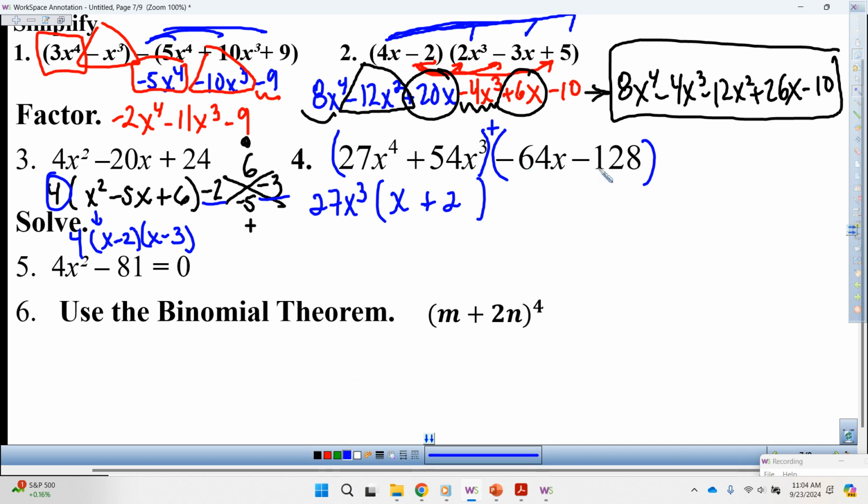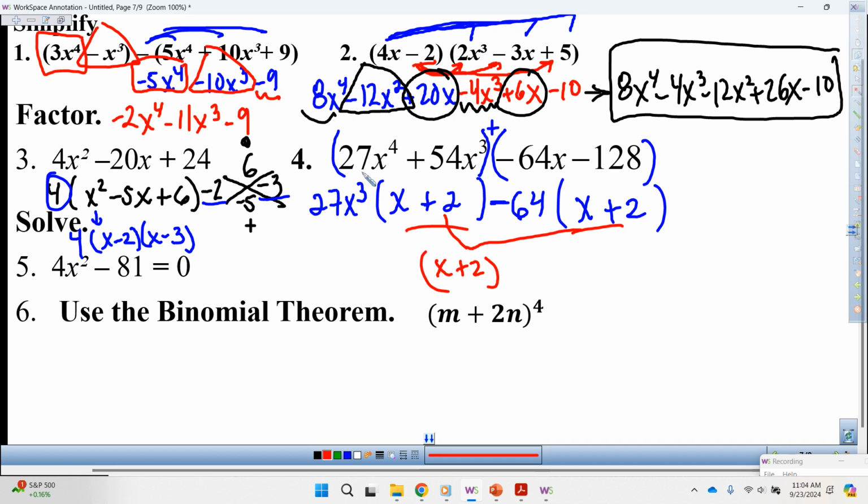Next, what is GCF for these two? Looks like the negative. Okay. How about 64 for both? Yeah, 64 and 64, that's 128. So that leaves us with x plus 2. What's the same here and here? X plus 2. What's left over? 27x to the third minus 64.